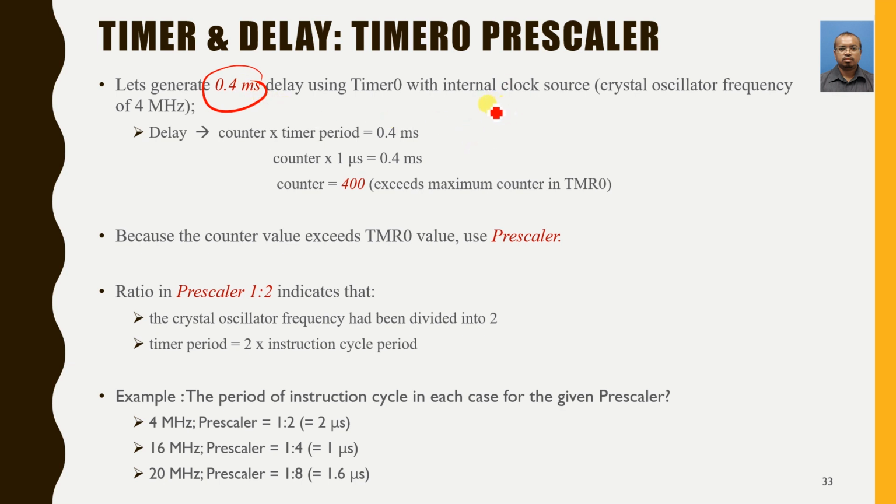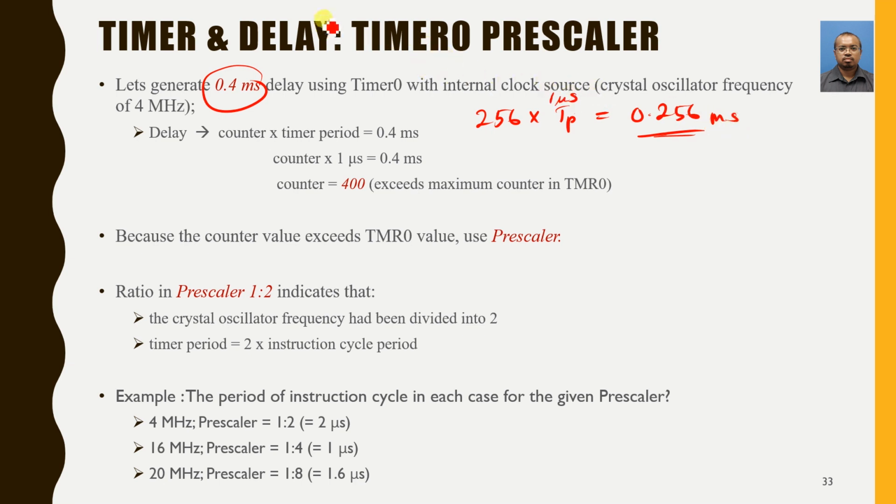Remember, just now our maximum time was 256 counts times the period, where the period time of one cycle is 1 microsecond. So you get 0.256 millisecond.